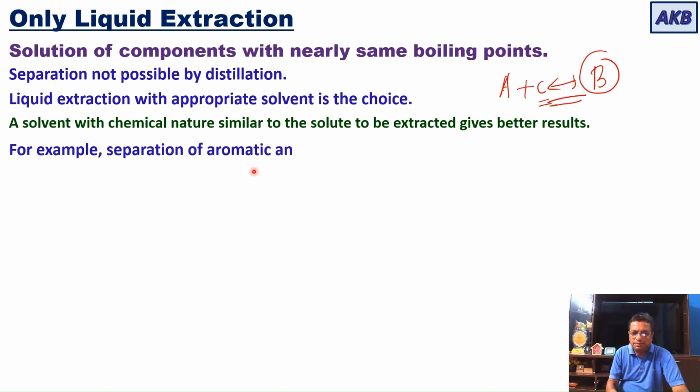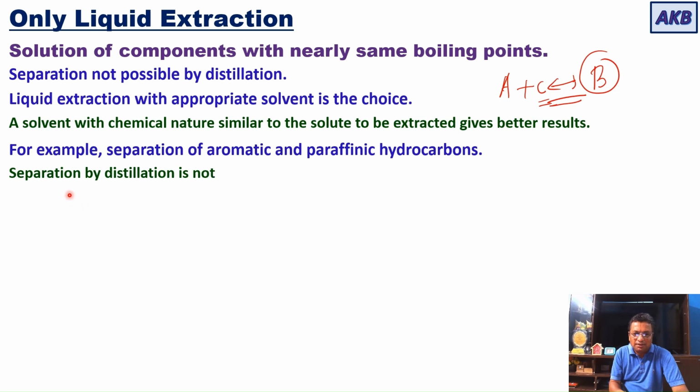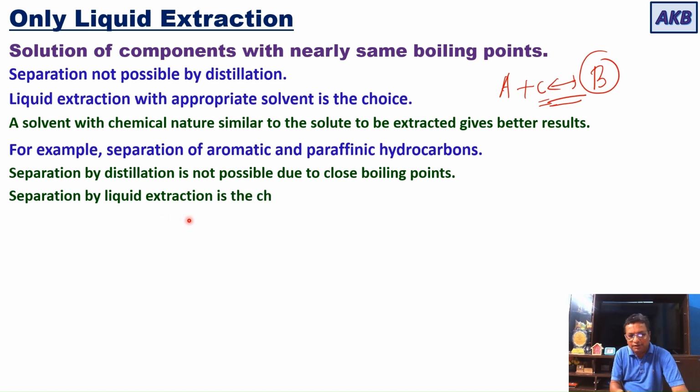For example, separation of aromatic and paraffinic hydrocarbons you can do by liquid extraction. If you try to use distillation for them, separation by distillation is not possible because they are close boiling components. Separation by liquid extraction is the choice in this case.